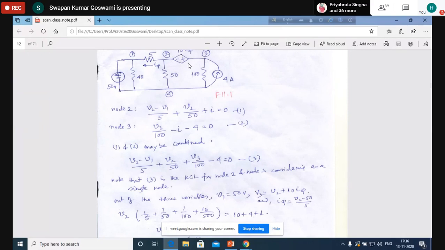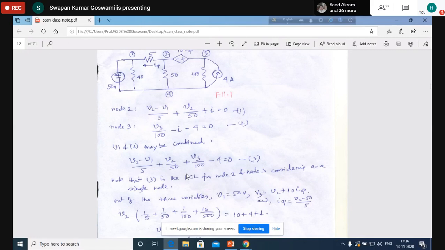Then what can we do? Then we can combine those two nodes to form a single node, and we can write the KCL equation for that node. Am I clear? So when two nodes are connected by a voltage source, then those two nodes may be combined to form a super node. We can write the KCL equation for that supernode.